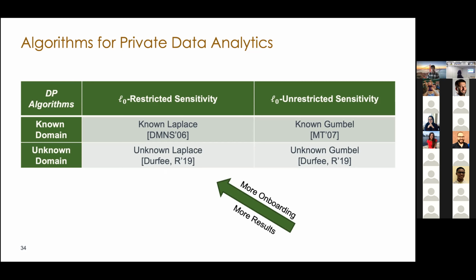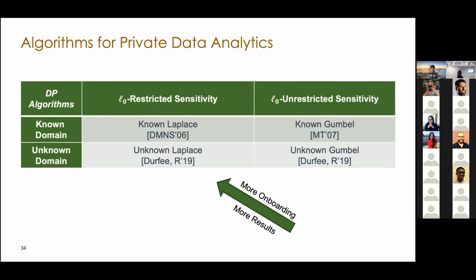And it's also not going to be able to show us a full top K, because a certain number of things might be below the threshold. But if we can do more onboarding with the teams, then we can push the task more toward the upper left cell. So if we know the domain, now we don't need to enforce a threshold.